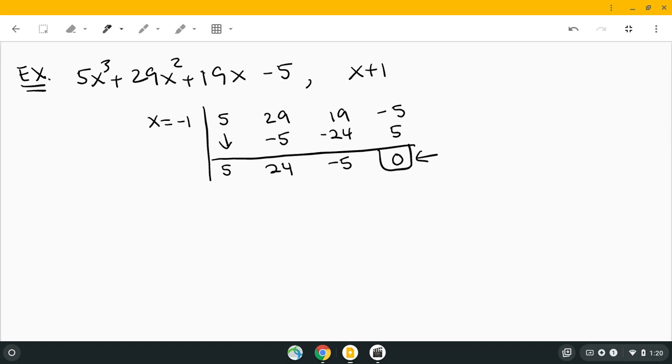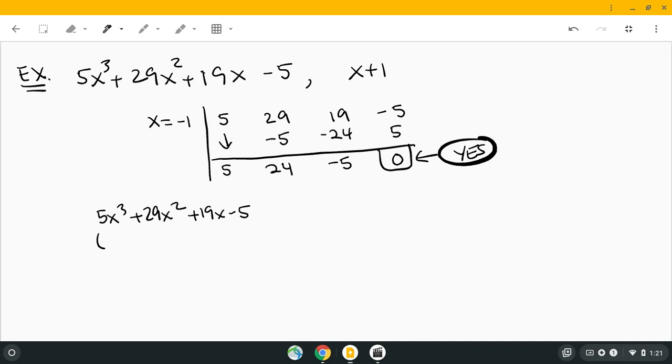So if you get a 0 remainder, then that means that x plus 1 is a factor of this degree 3 polynomial. Okay, so yes, it's a factor. So that means that I can factor this degree 3 polynomial, 5x cubed plus 29x squared plus 19x minus 5.